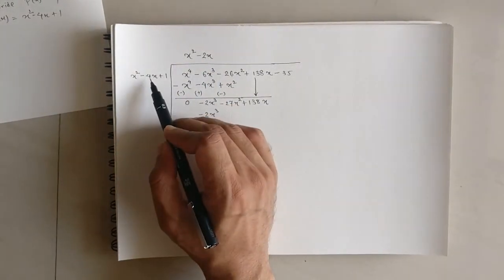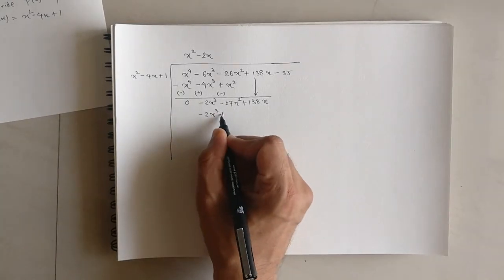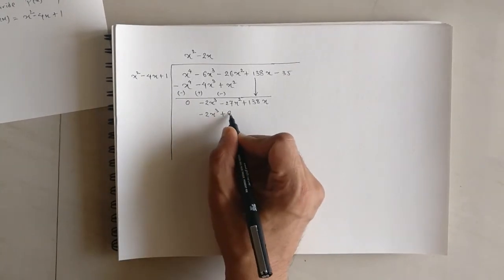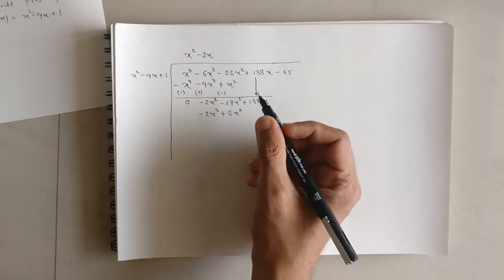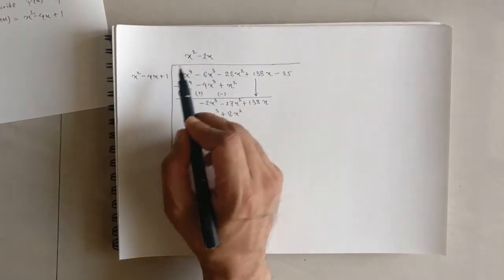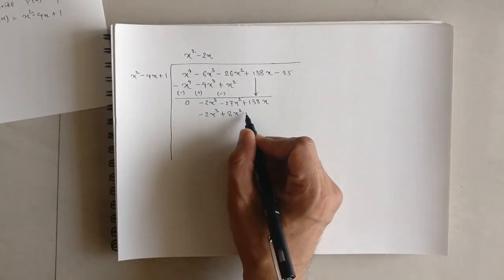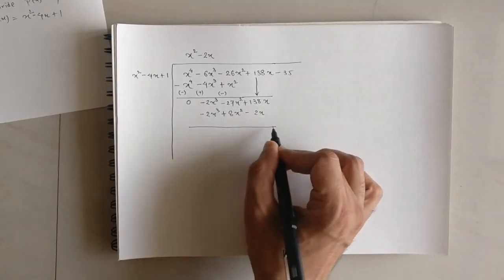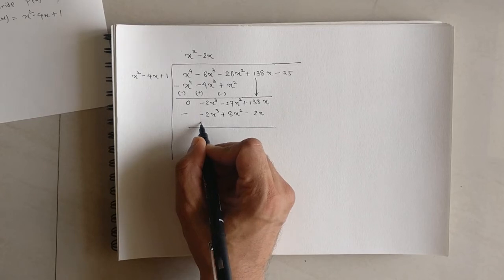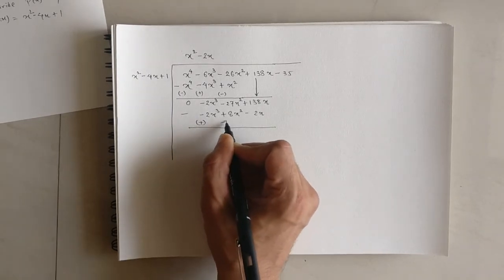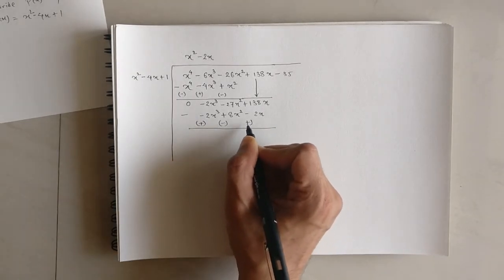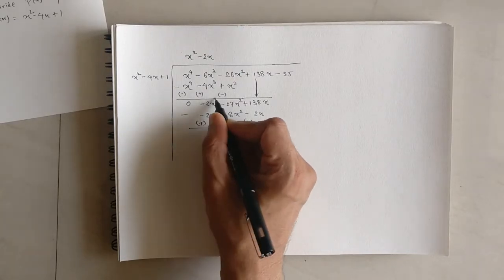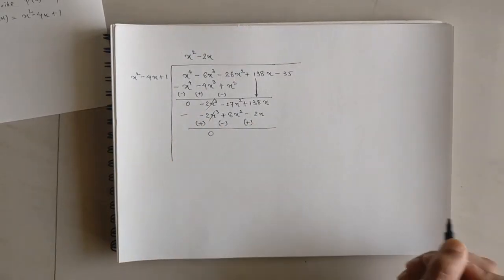Minus 2x into minus 4x is plus 8x square. Minus 2x into plus 1 is minus 2x. Subtraction, this changes into plus, minus, plus. Minus 2x cube plus 2x cube becomes 0.